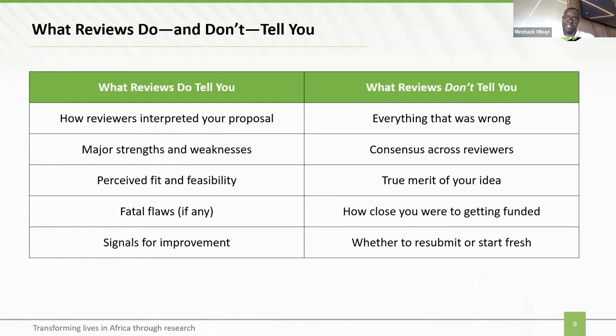You can also see the perceived fit and feasibility. You can also see whether there are fatal flaws, if there are any, and you can also sense that they are giving you signals for improving the proposal, based on the comments they give during the reviews.